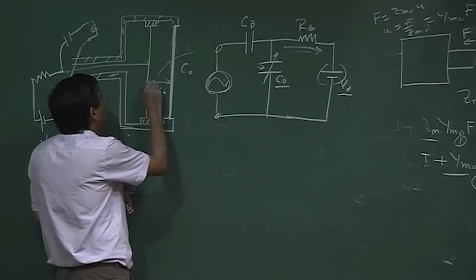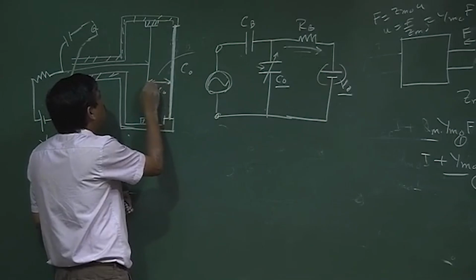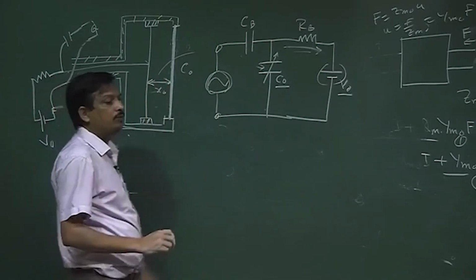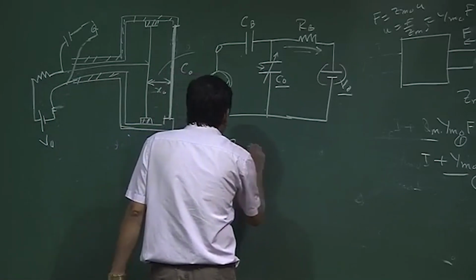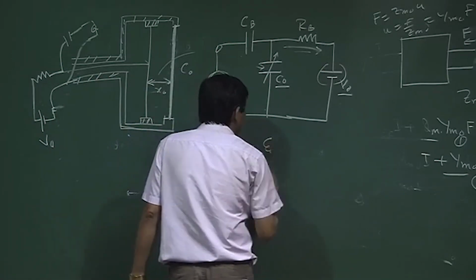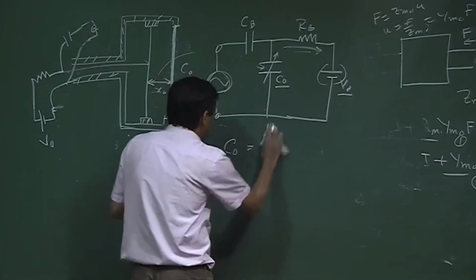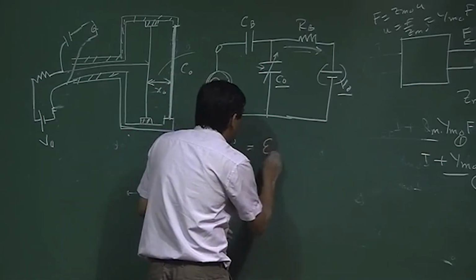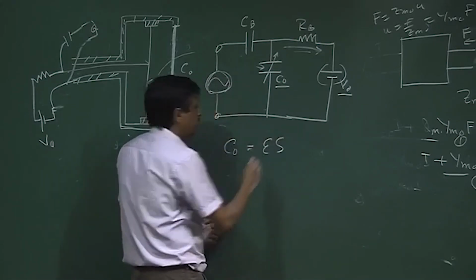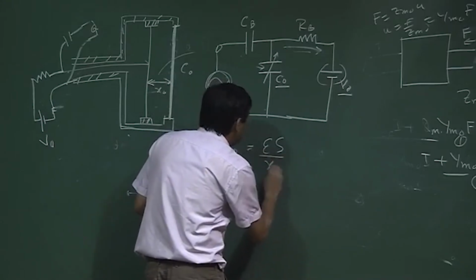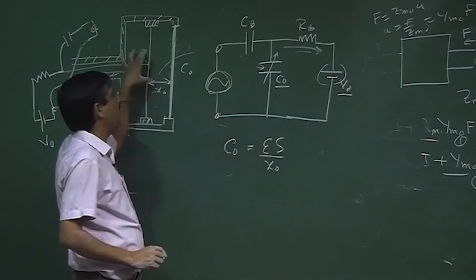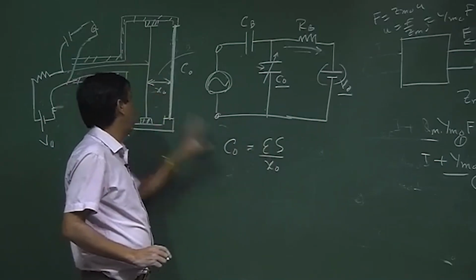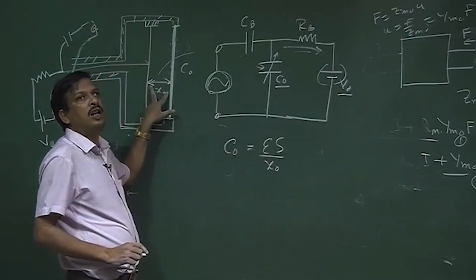Now, if I apply a V0 voltage, then C0 will be charged. Once C0 is charged, the distance between the two plates is x0. So, C0 is epsilon S divided by x0, where epsilon is the dielectric constant, S is the surface area of the plate, and x0 is the distance between the two plates.